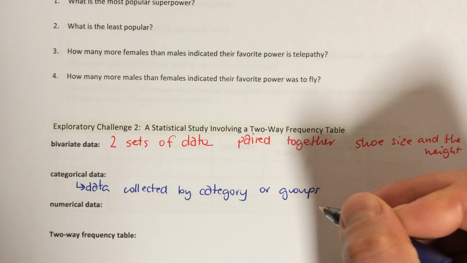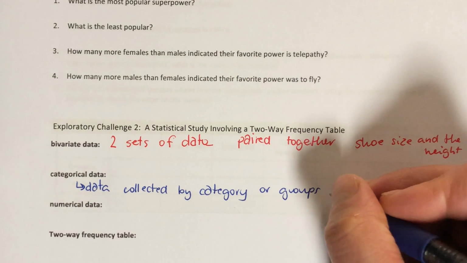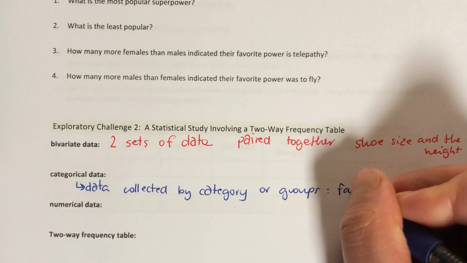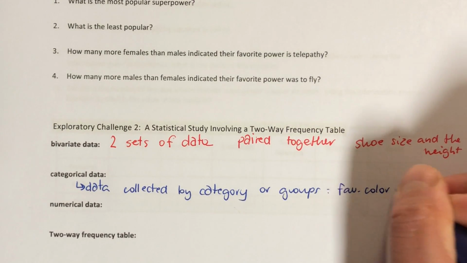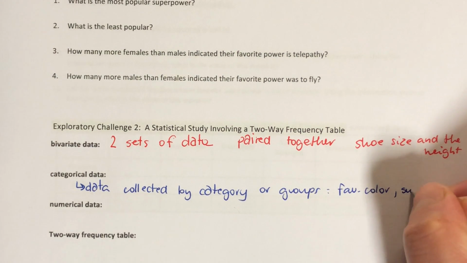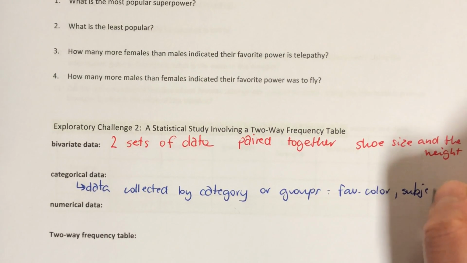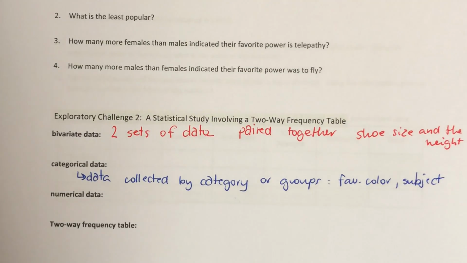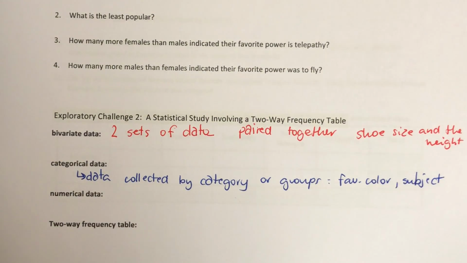We can ask somebody about a favorite color or a favorite subject. The answer is not going to be a number. For favorite color you can say green, for favorite subject, of course mathematics and whatnot.